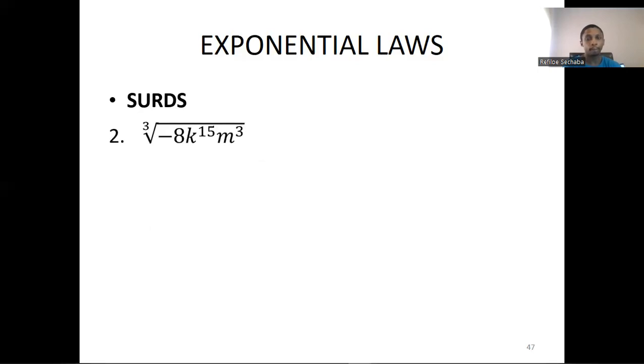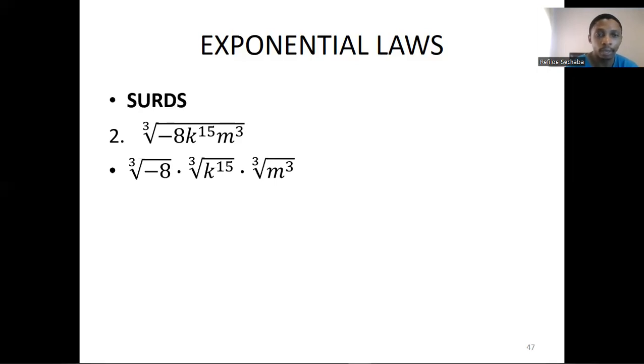Simplify. You will distribute the cube root, so you'll find the cube root of -8, find the cube root of k to the exponent of 15, find the cube root of m cubed. The cube root of -8 will be -2.